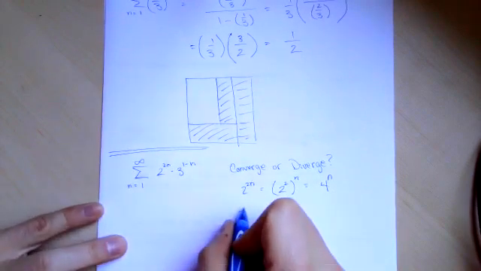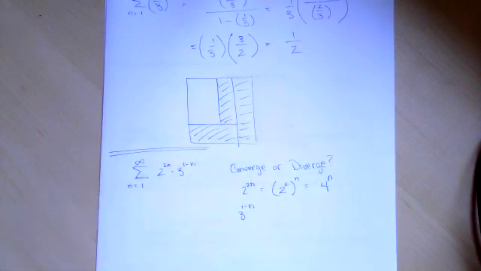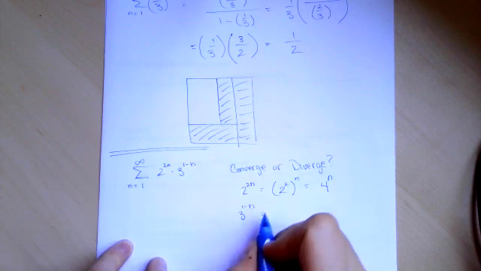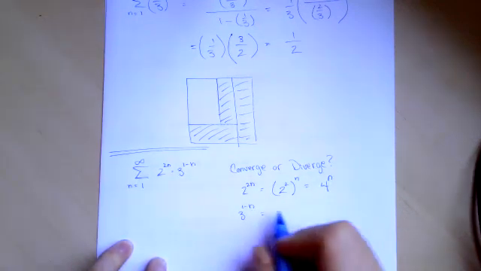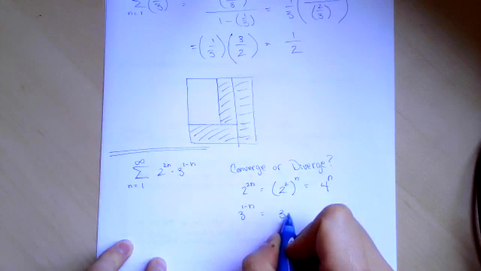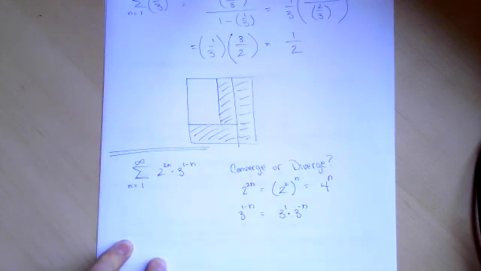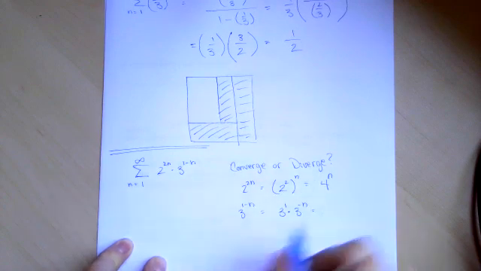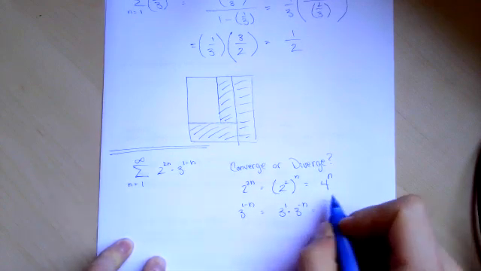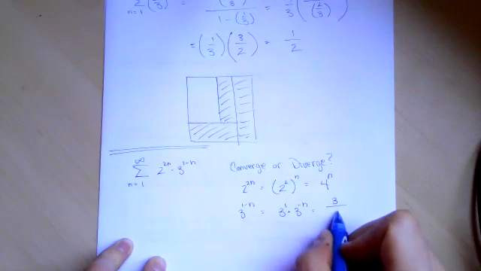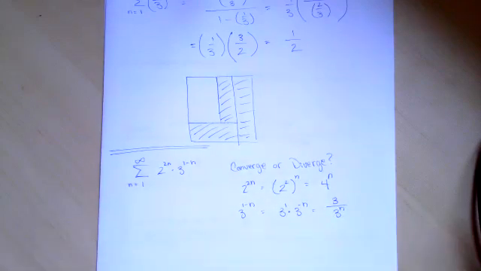What about 3^(1-n)? I want it to say something to the n. Okay, so the 1, it's being subtracted. So this is 3^1 times 3^(-n). And so really, what is that guy? That is 3 divided by 3^n.